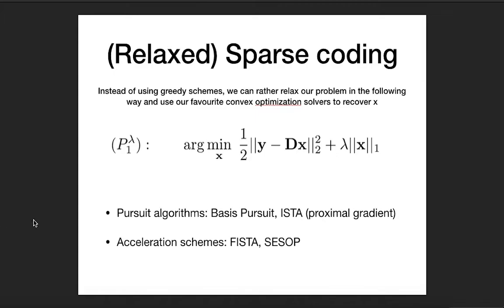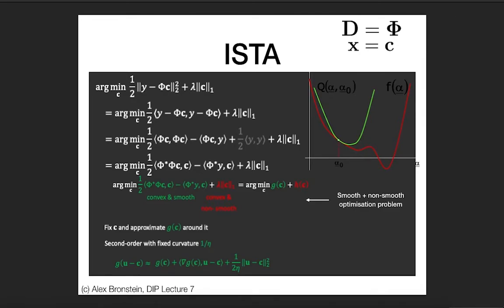We can solve it using basis pursuit, proposed in the 90s, and another way is ISTA, which is more general and you can immediately connect it to neural networks. In this course we focus on ISTA, and we'll also see one simple acceleration method called FISTA, which is just fast ISTA. Since I took the slide from Alex, we'll call our dictionary phi and our signal c.